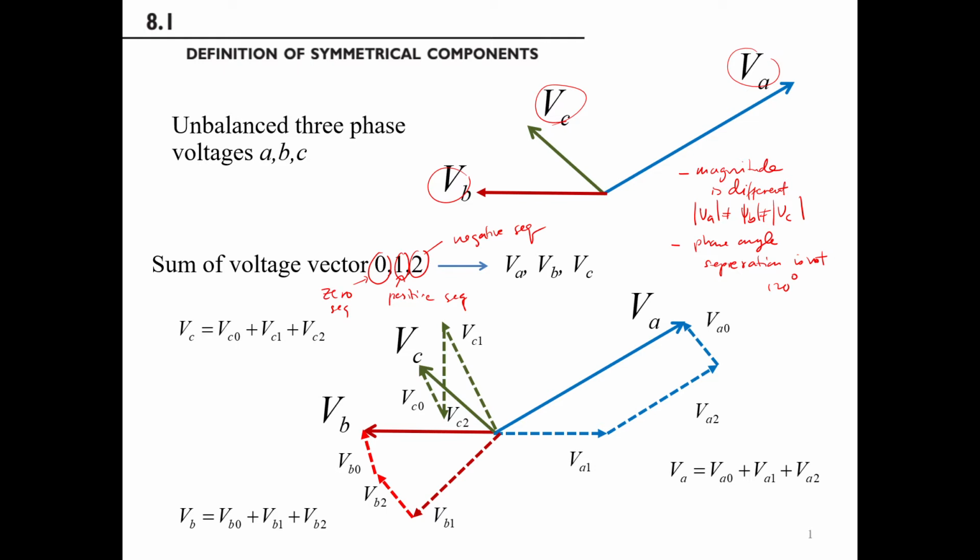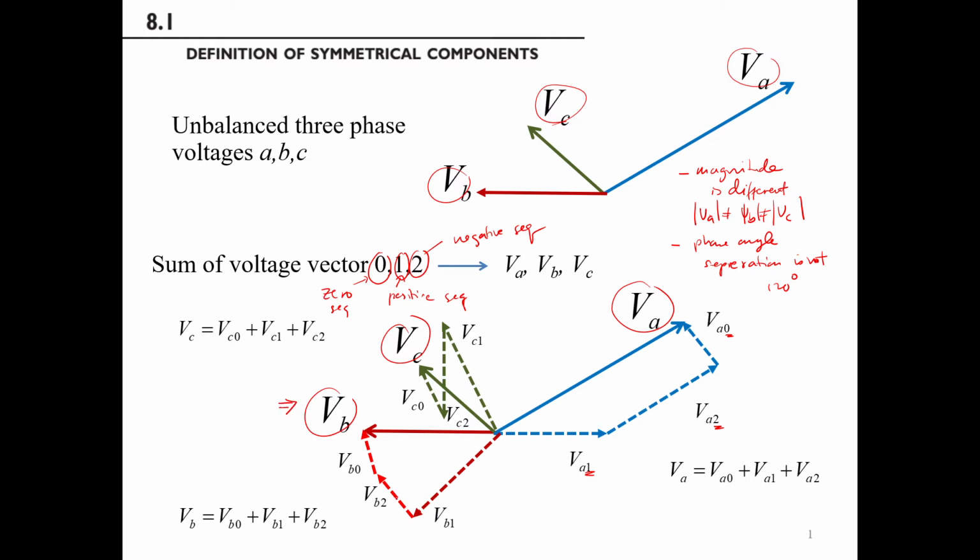Now this is the picture of the phasors A, B, and C. You can see this is VA, VB, and VC. We are trying to express VA as a sum of the vectors of component 1, 2, and component 0. Can you see this one? VA expressed in terms of VA1, VA2, and VA0. Let's take a look at VB.